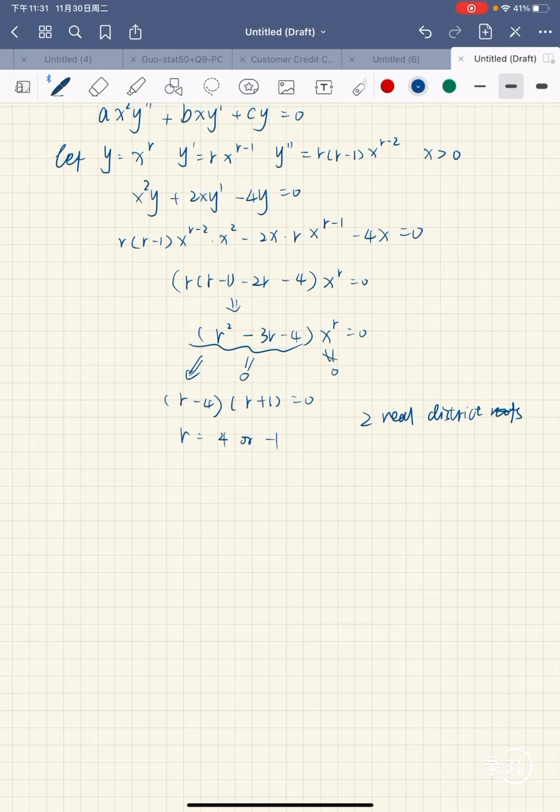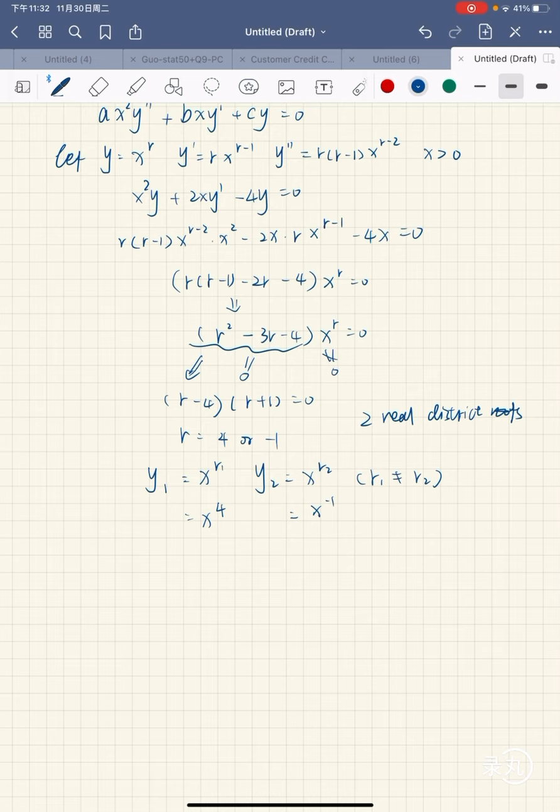And so we have two solutions. y1 will be x to the power of r1, and y2 will be x to the power of r2, where r1 doesn't equal r2. So y1 will be x to the power of 4, and y2 will be x to the power of minus 1.